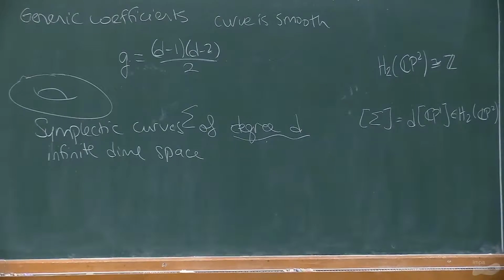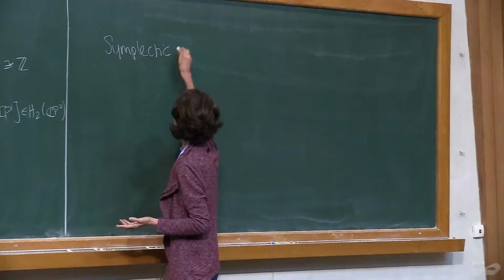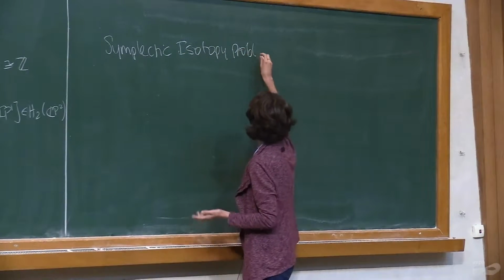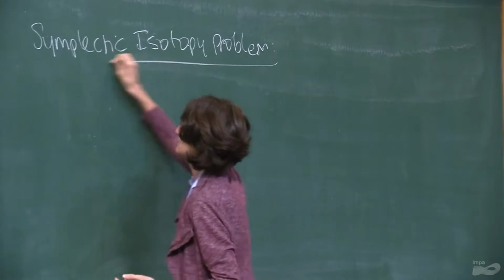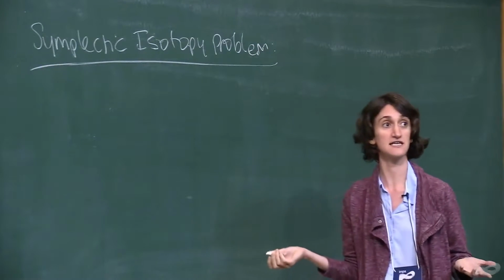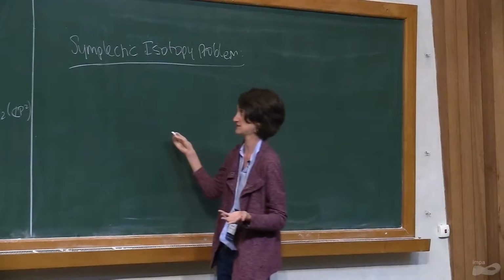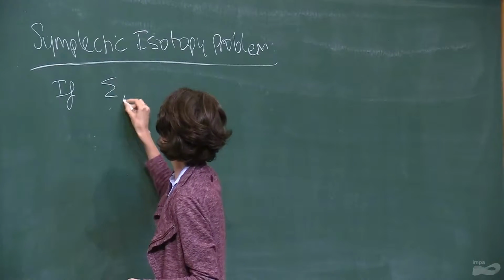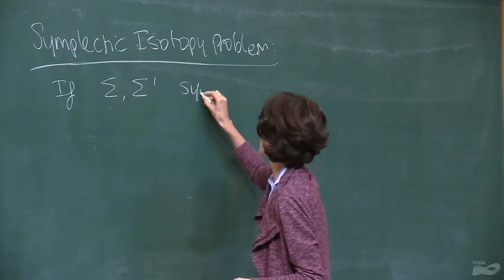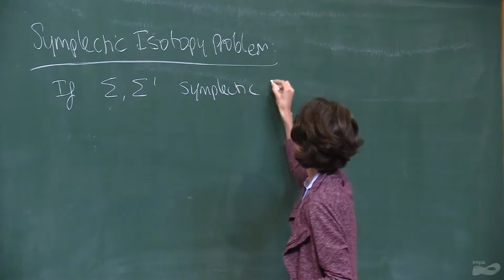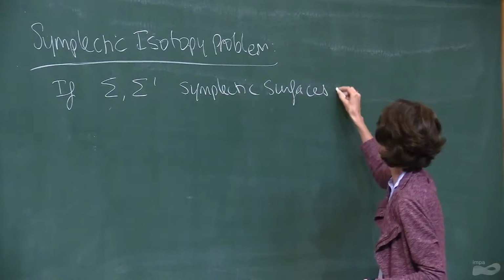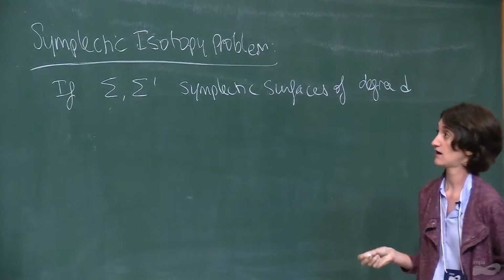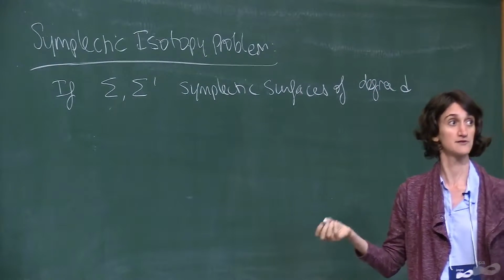But in the symplectic case, that same kind of question is actually open in general. So the symplectic isotopy problem is asking, what's the classification of symplectic surfaces in CP2? So if sigma and sigma prime are symplectic surfaces of the same degree, are they isotopic through symplectic surfaces?